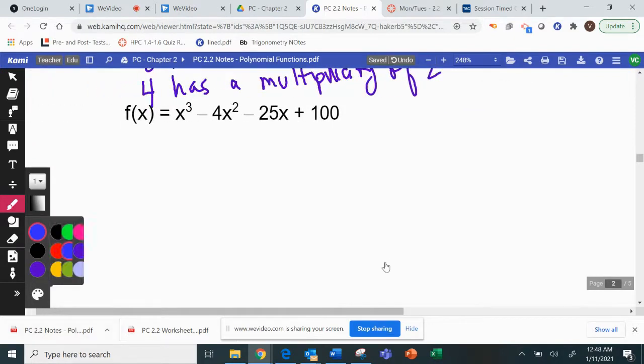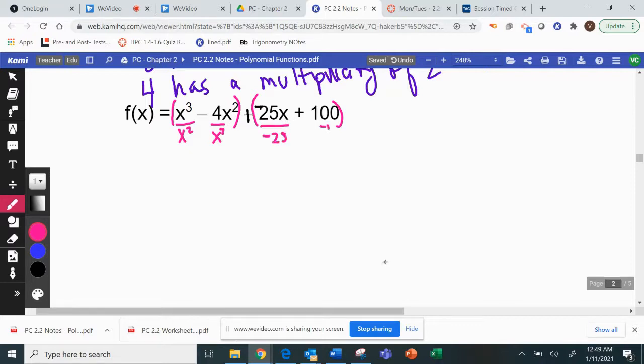All right, the last one is a factor by grouping. When you do factor by grouping, remember you have to make an addition sign in between the 2. So I did plus negative first. Let's see, I'm going to factor out an x squared. This one I'm going to factor out a negative 25.